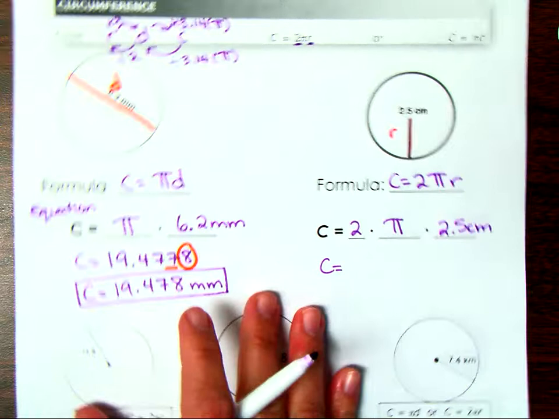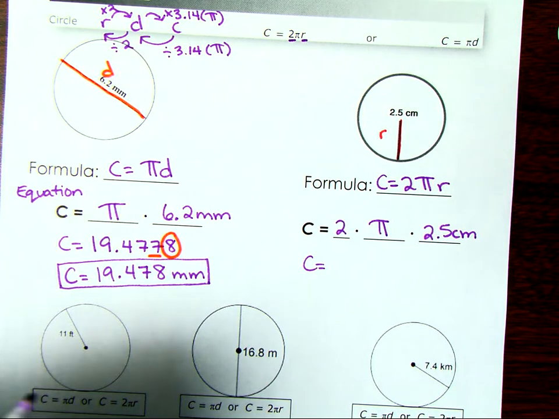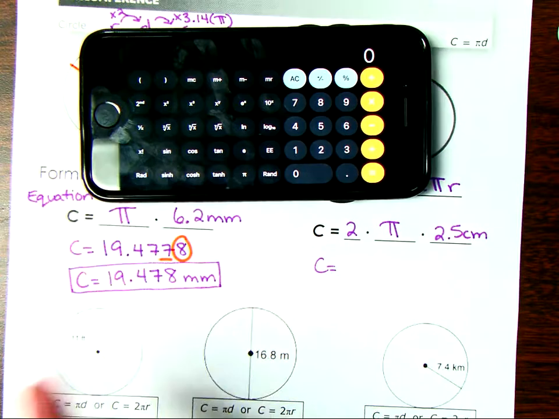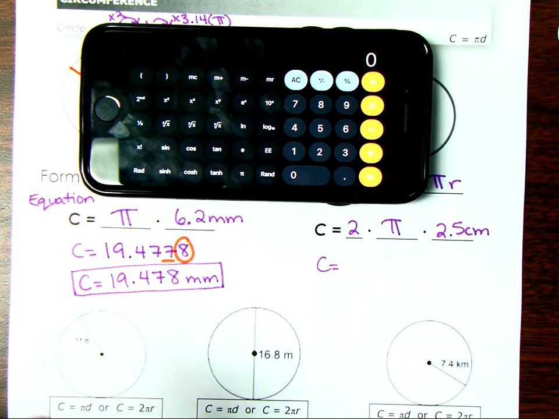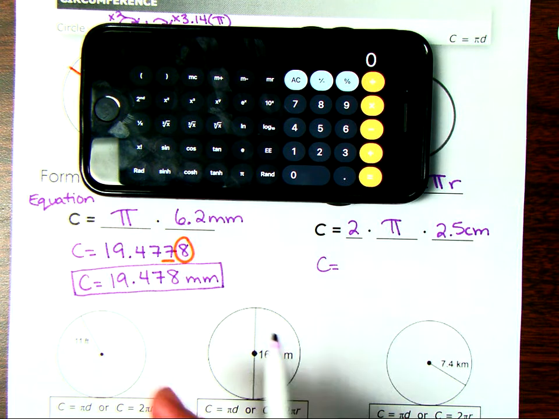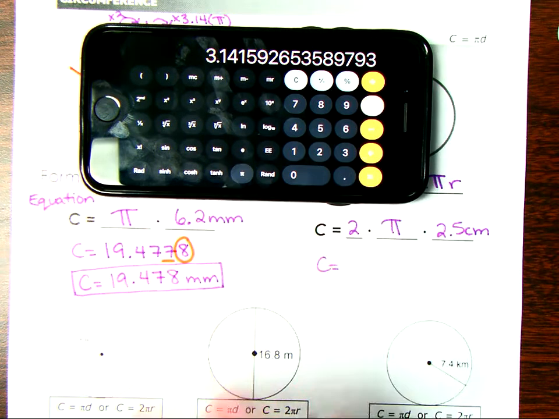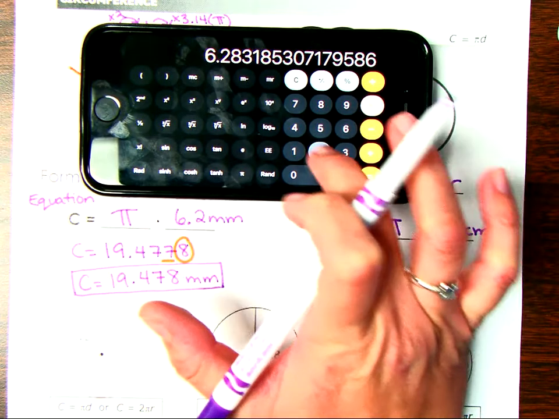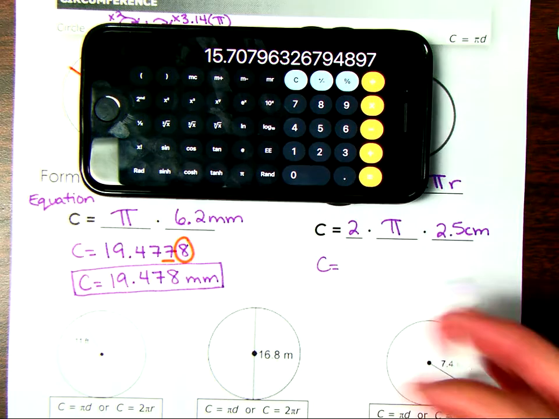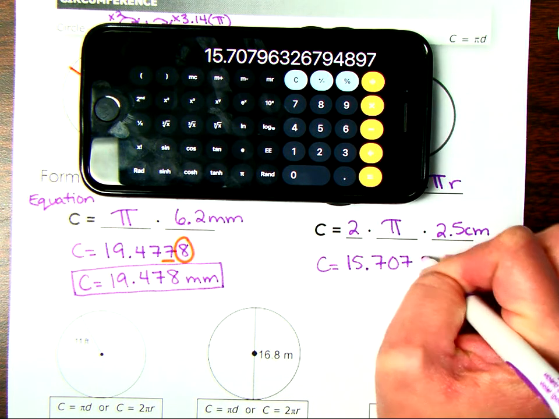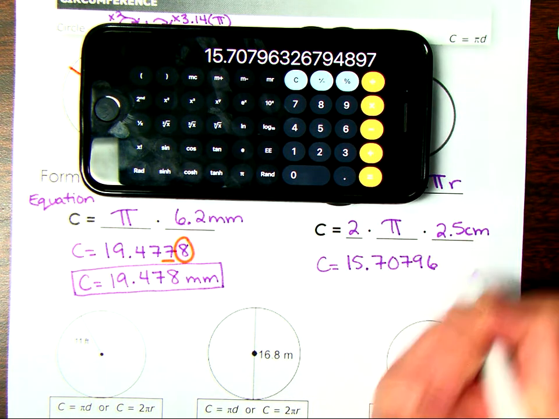So 3 is an approximation, 3.14 is a closer approximation, but pi is going to be the best one because it gives you the closest circumference you can. So I'm going to say 2 times pi times 2.5. And that's giving me 15.70796, and it goes on and on forever.